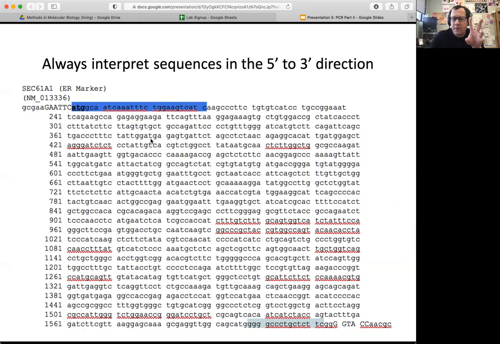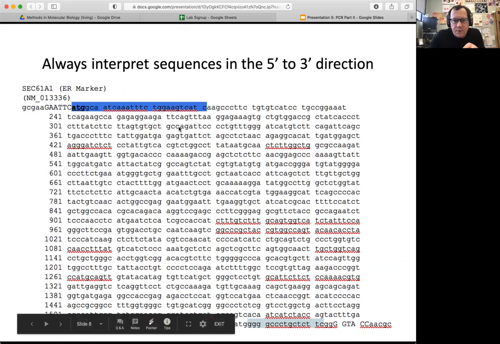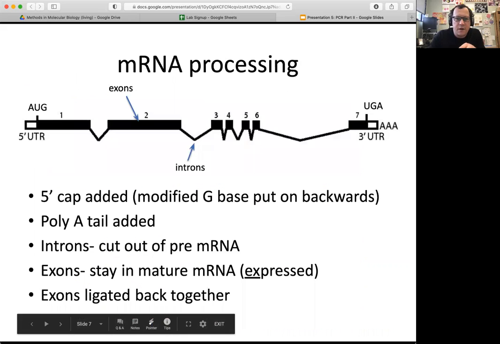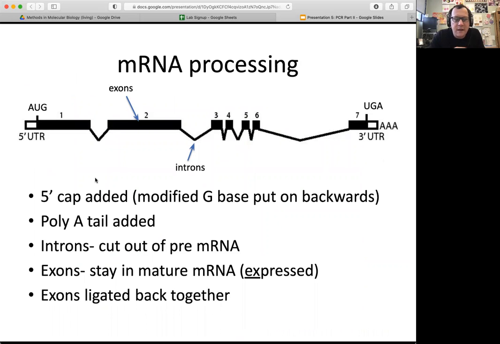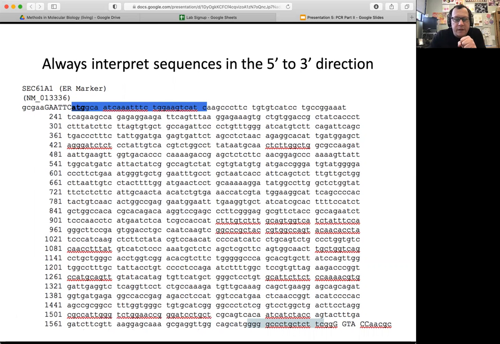This week, our template is essentially RNA, but any kind of DNA polymerase, like Taq polymerase, cannot amplify directly off of messenger RNA. So if we try to get all the messenger RNAs out of cells and do an RNA extraction, we can't use that as a template for PCR.